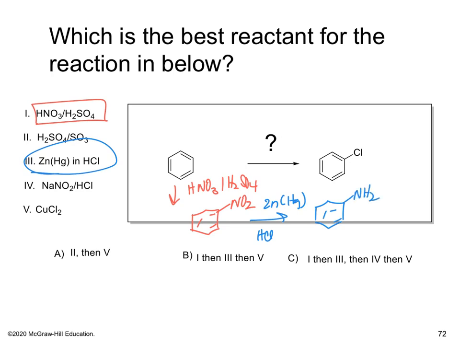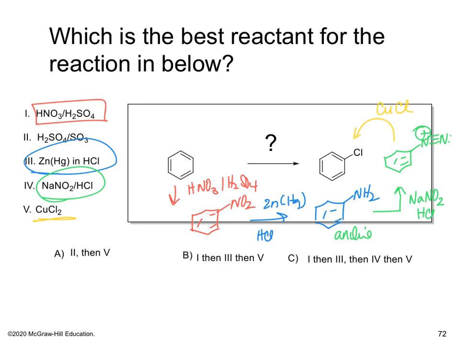And then we have our aniline. Once we have our aniline, we can react it with sodium nitrite and HCl, and we can make our diazonium salt, which is the world's best leaving group, and then we can react that with copper chloride, and we'll replace this N2 with Cl. So we got to do 1, and then 3, and then 4, and then 5.